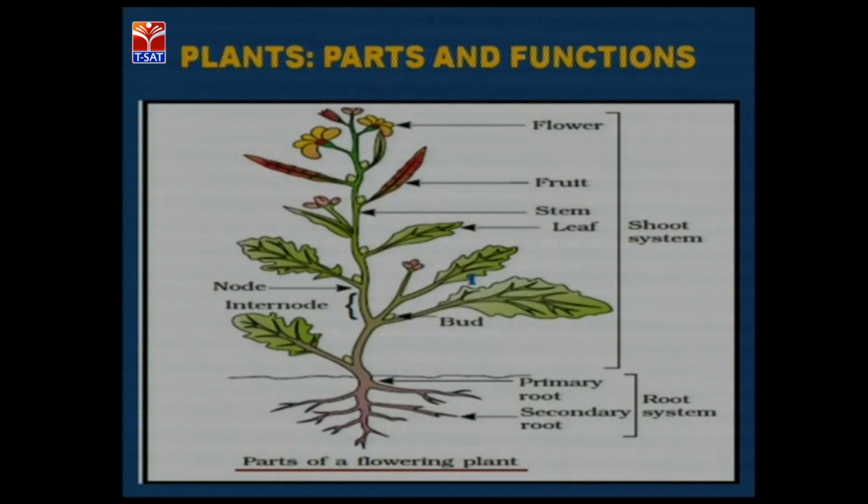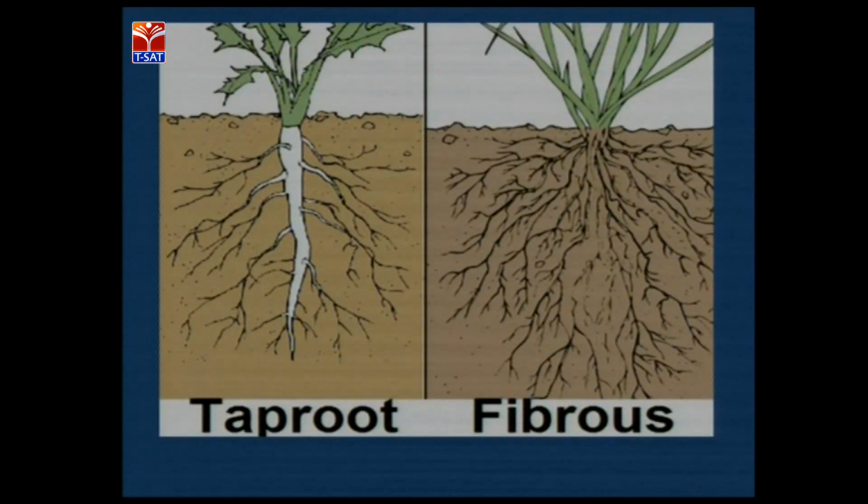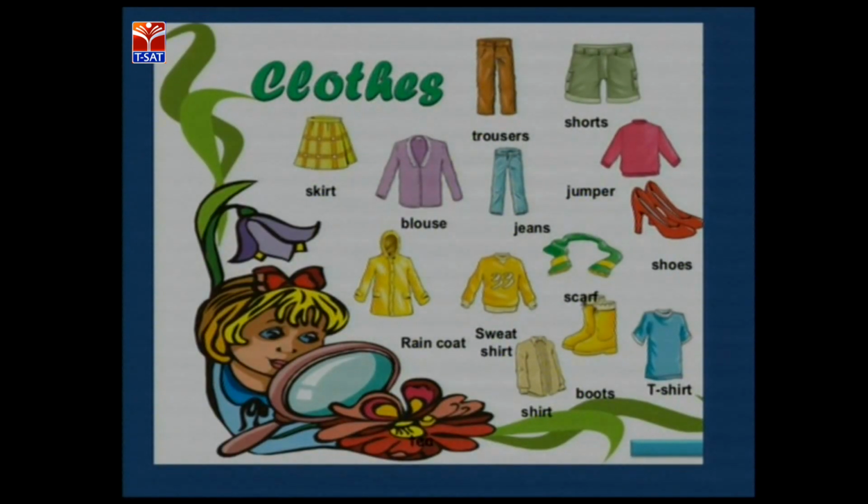Show the plants, pluck a small plant and show it, the shoot system and root system, and these things, different vocabulary words. Before reading, our students should have mastery over the words they come across while reading. Teach this vocabulary to students.